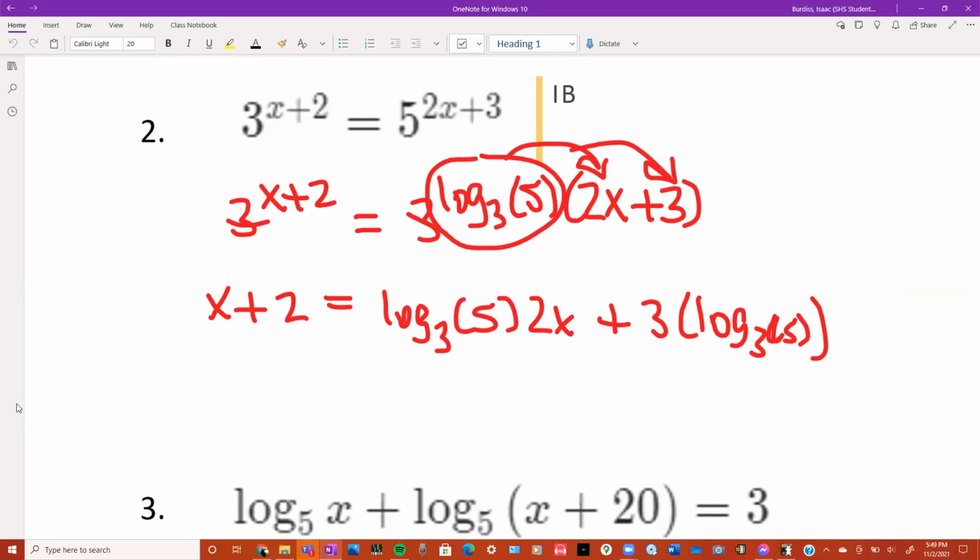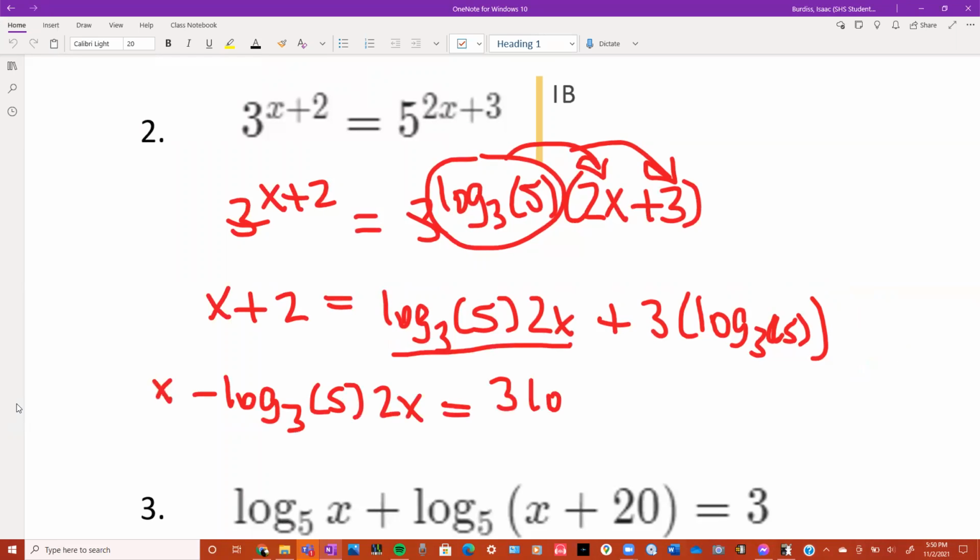Instead, we're subtracting by this x. This is a value of x. So we need to have x minus log base 3, 5, 2x equals this thing minus 2. Then that's what we do.